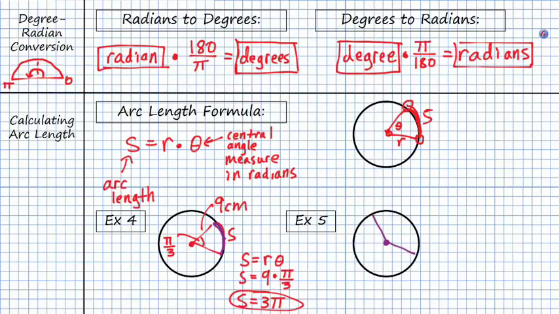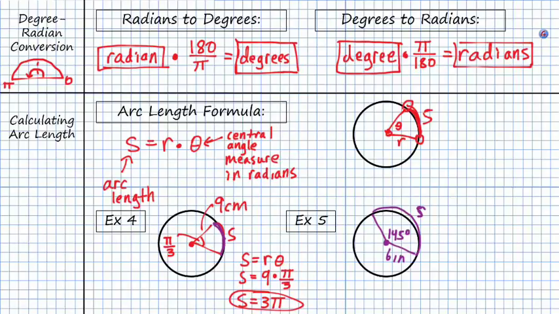All right, let's do one final example, and then we will go on to our activity. We have an angle of 145 degrees, and we have a radius of 6 inches, and we're trying to find this s here. We need radians to be able to do this. So we need to convert this 145 into radians before we can calculate the arc length.